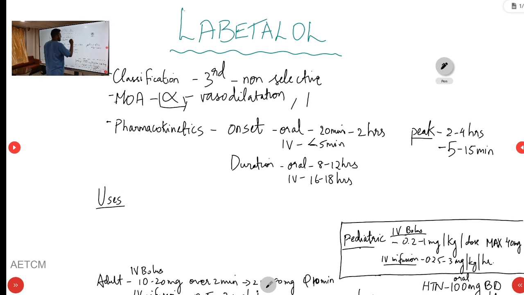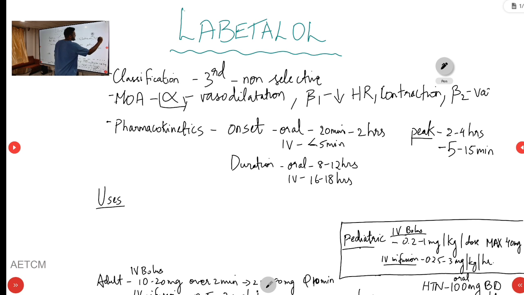Then the beta 1 block causes a decrease in the heart rate and the force of contraction, which is basically the chronotropic and inotropic activity decreased, and the electrical conduction is also slowed due to the beta 1 action. And then there is the beta 2 blocking action, which causes mainly vasoconstriction. So that is the main mechanism of action of labetalol.